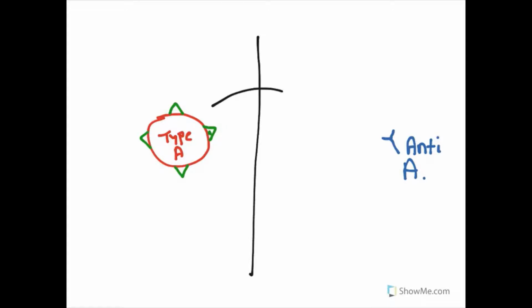And if I took this blood from my body and put it in somebody else's body, they will have antibodies, so here we have an anti-A antibody. If I ever place this into a solution where these antibodies can attack, they will. They will bond and they will attack these cells.